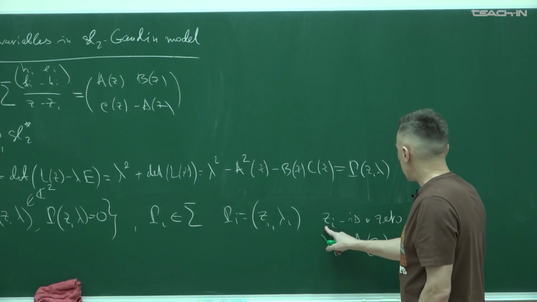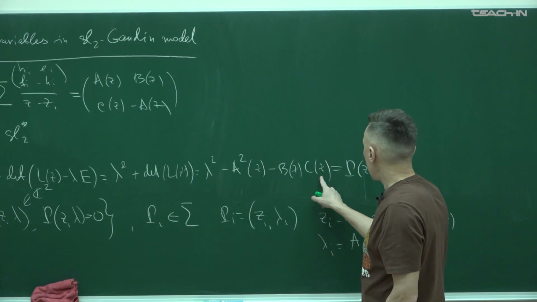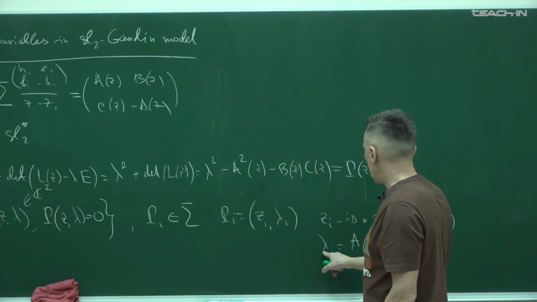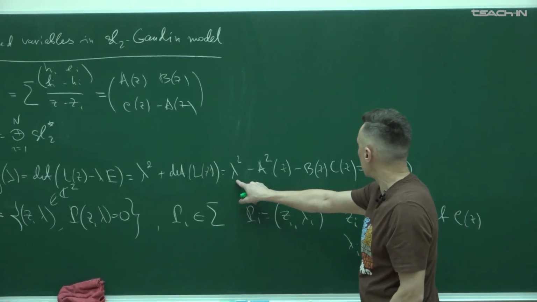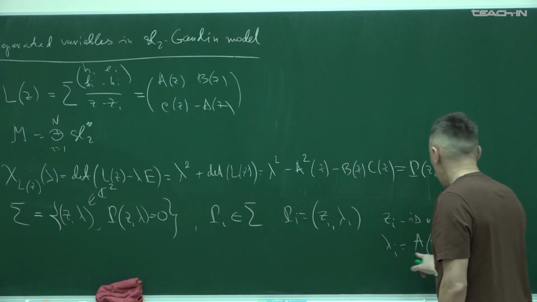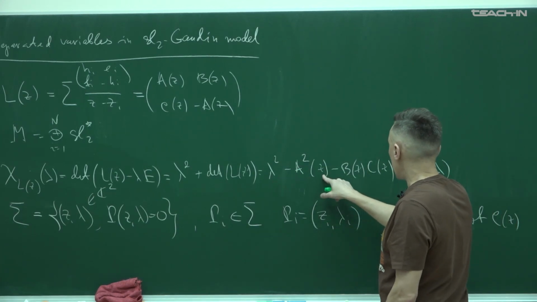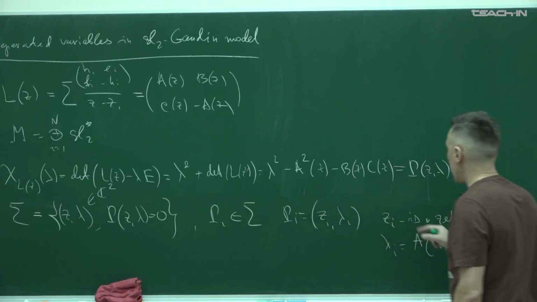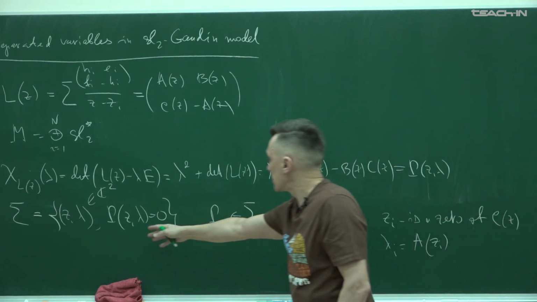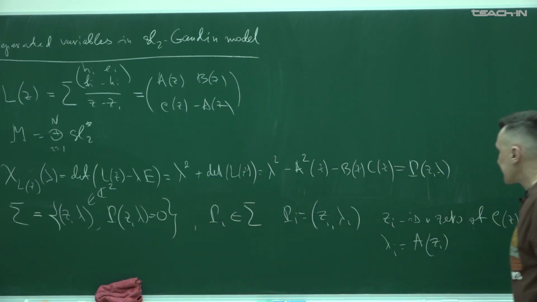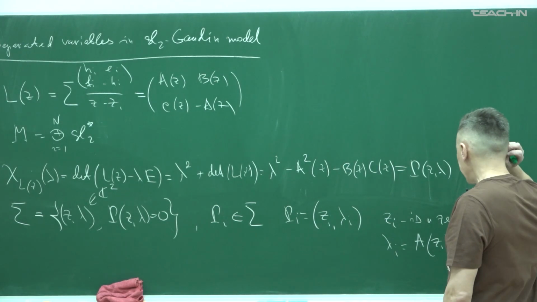So you see, if Zi is the zero of C of Z, then lambda I equals A of Zi. So if we substitute A of Zi instead of lambda, and we take the value Z equals Zi, then the polynomial equation is fulfilled. And this is really a point on the curve.